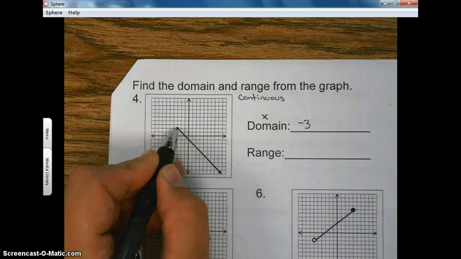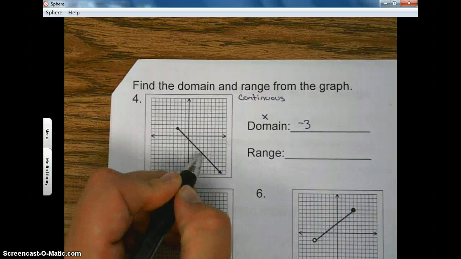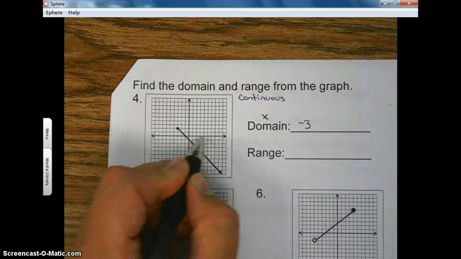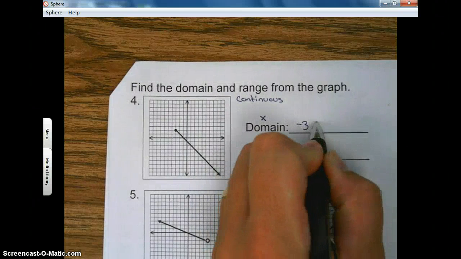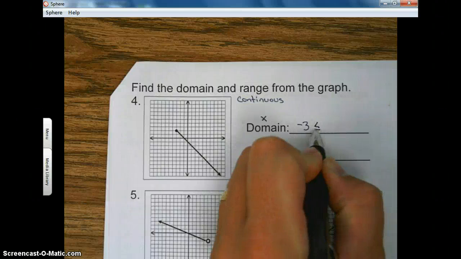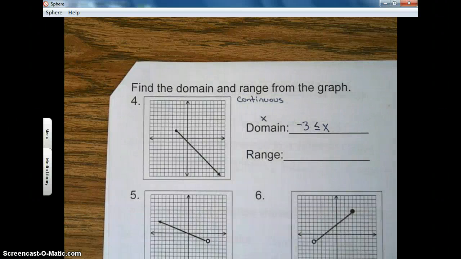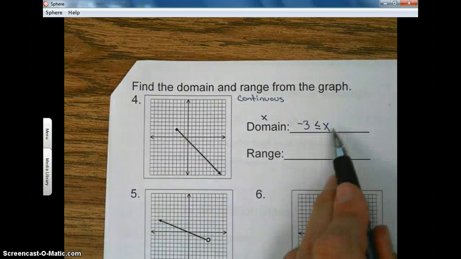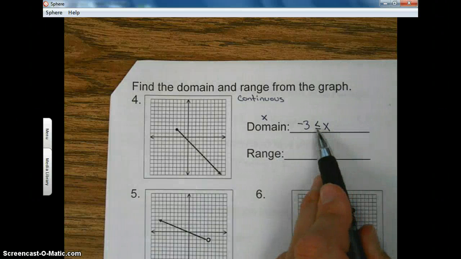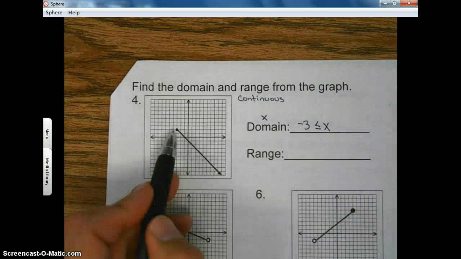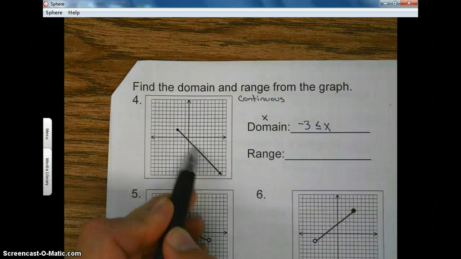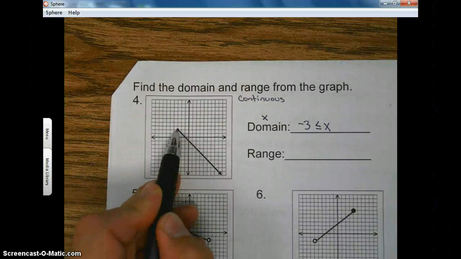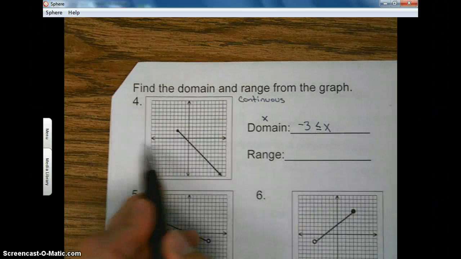Notice how as we go this direction on the graph, x is getting bigger. So -3 is going to be less than or equal to x. And if I read it the other way, x is greater than or equal to -3. So the x-coordinates on the graph are going to be greater than or equal to -3. Not less than. Less than would be over here.